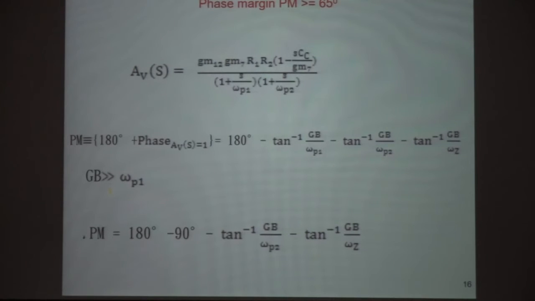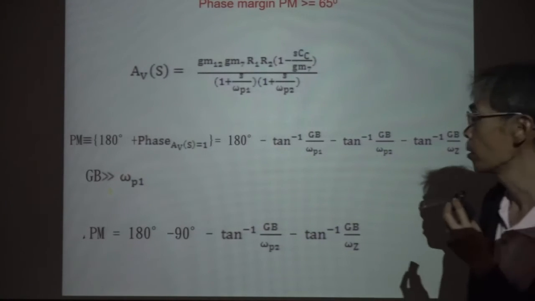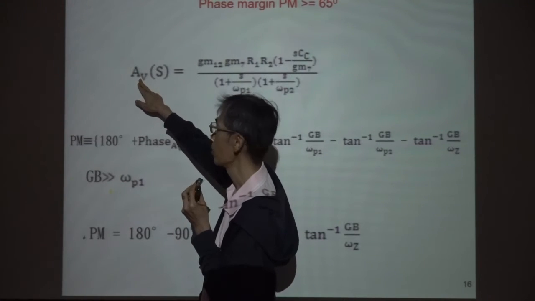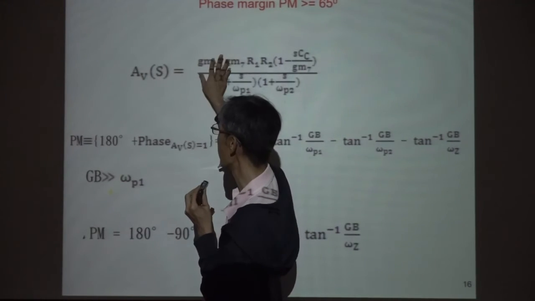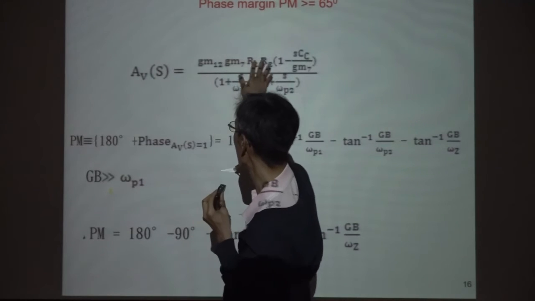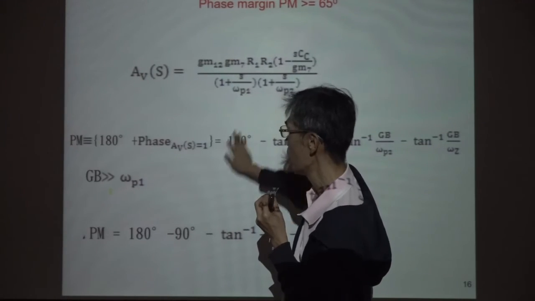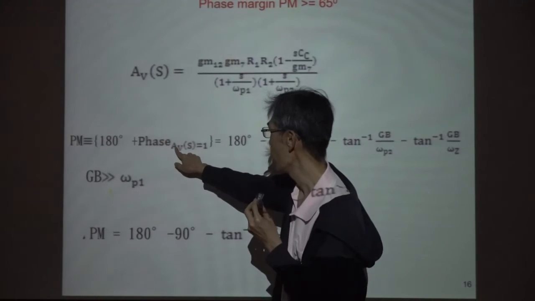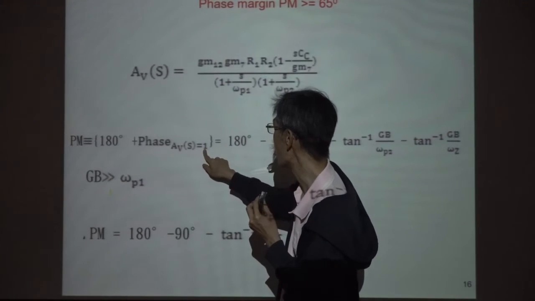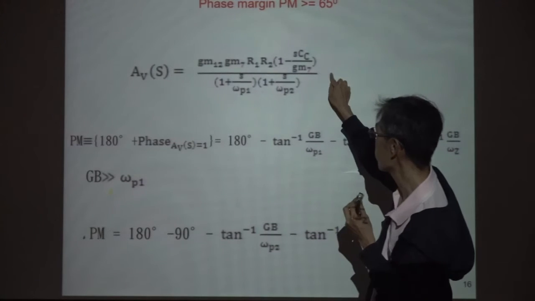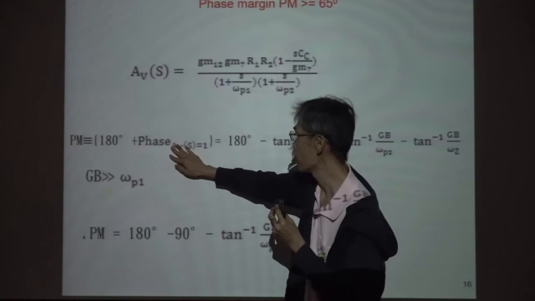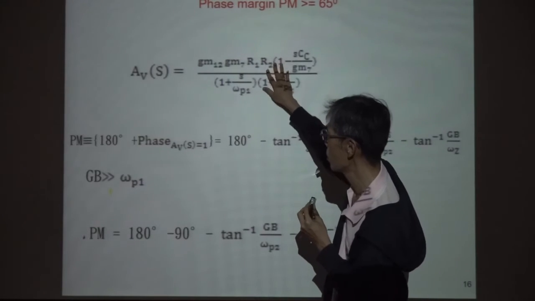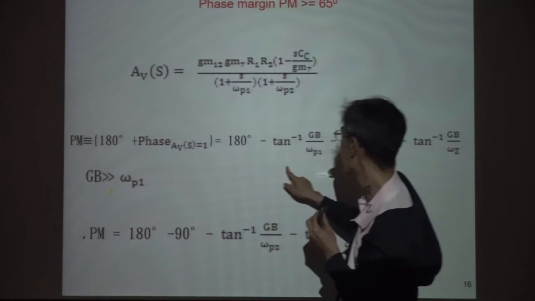Then phase margin for stability. This is our Av, the transfer function or the gain of our system. The phase margin equals 180 degrees plus the phase when Av equals 1. So the phase for this one is 180.